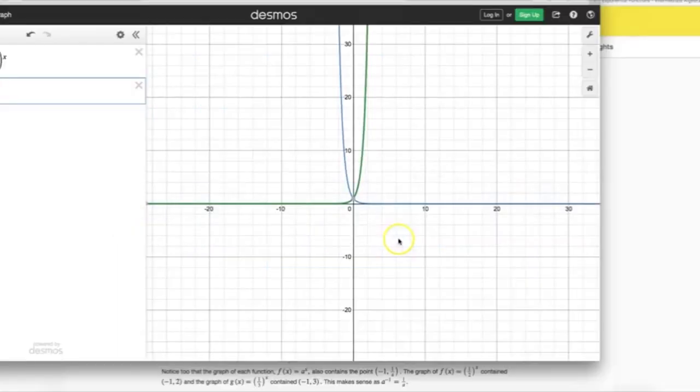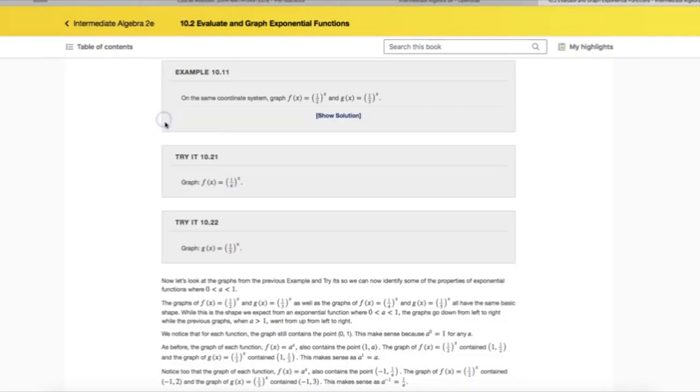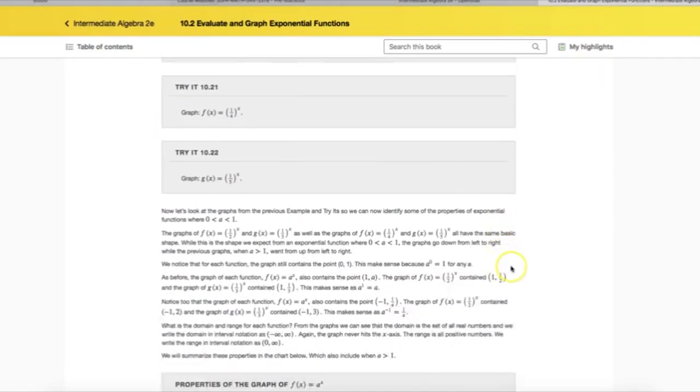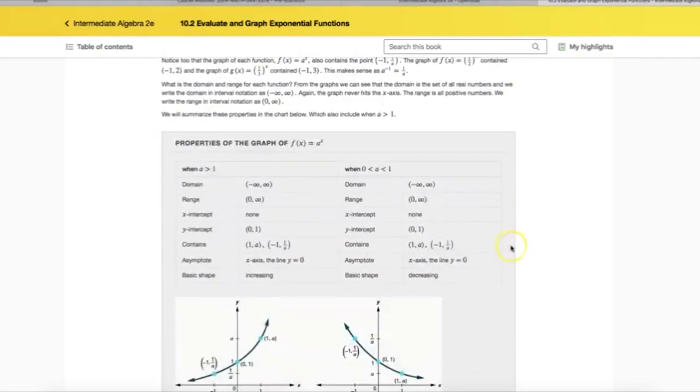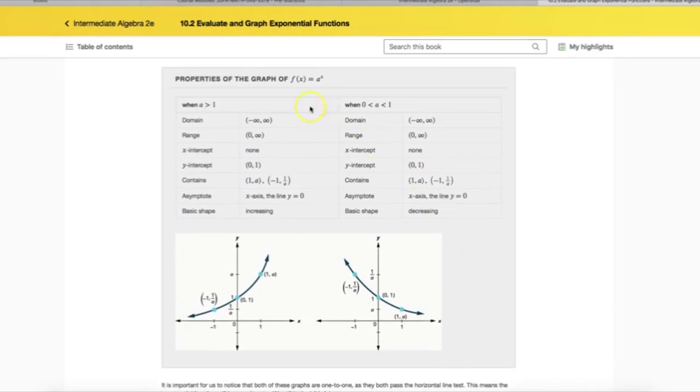Okay, let's return back to our textbook. And you'll see that over here on the right side of this little table, we get the generalization again, but this time for values between 0 and 1 for our base.